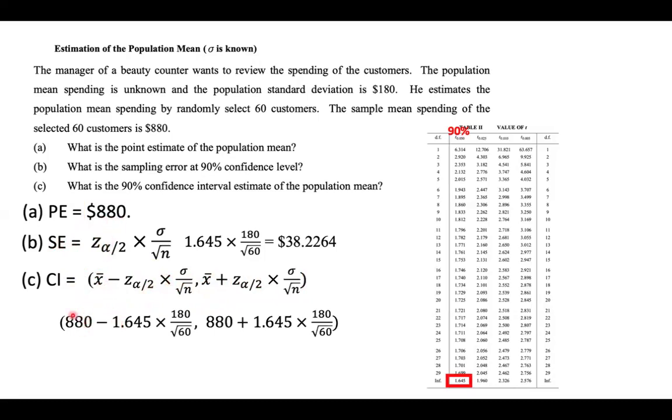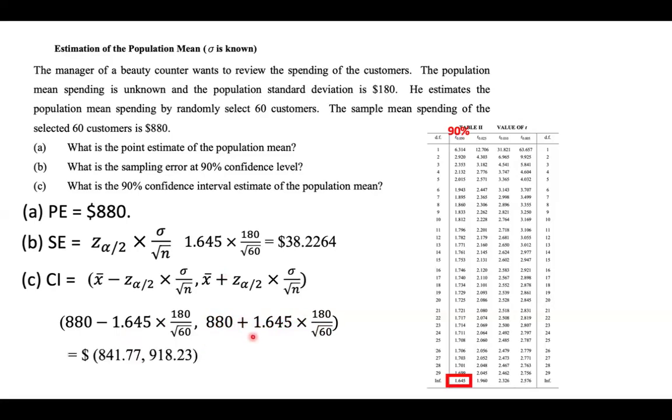So 880 is the point estimate. For the lower boundary, the number at the left, we subtract the sampling error. And for the upper boundary, the number on the right, we take the point estimate 880 and add the sampling error.